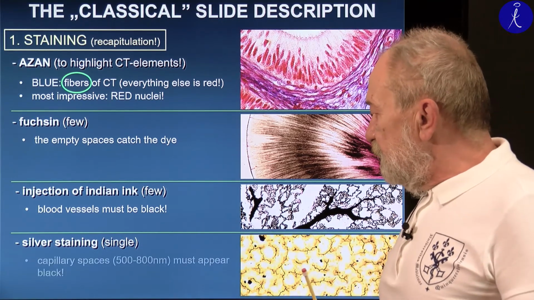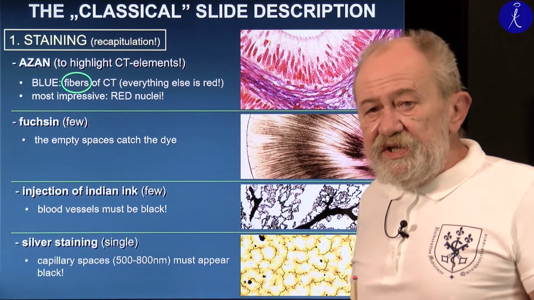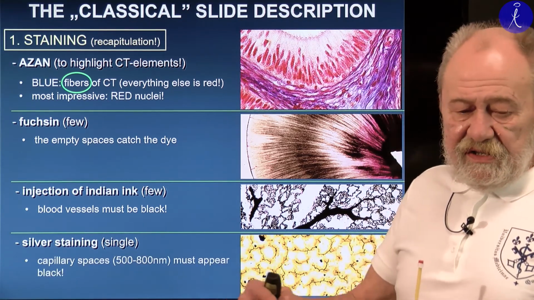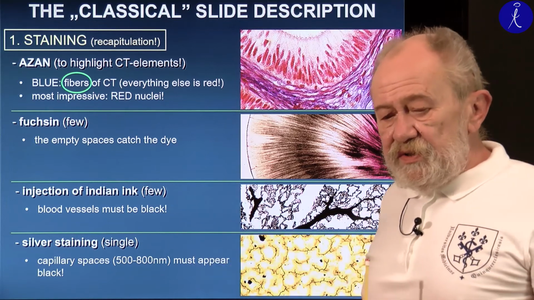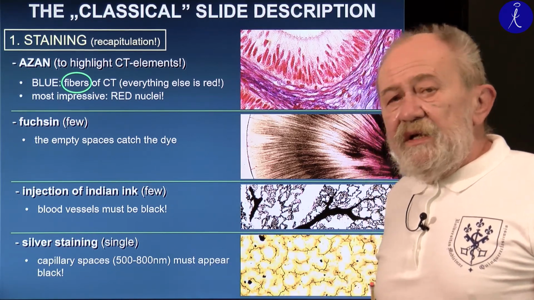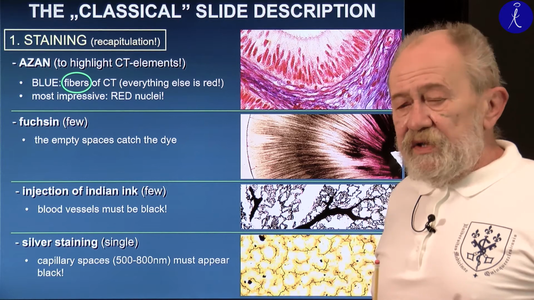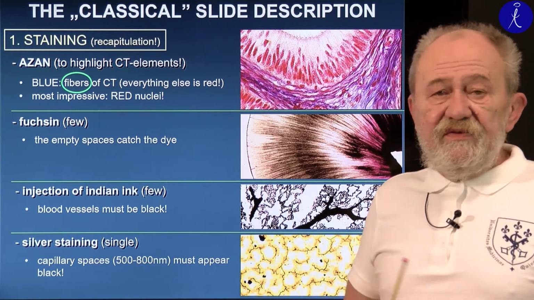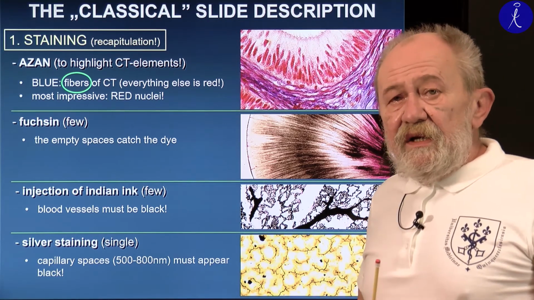The silver staining is a very tricky staining because silver nitrate is the one which diffuses into the slide, and after a certain exposure the silver nitrate is colorless.